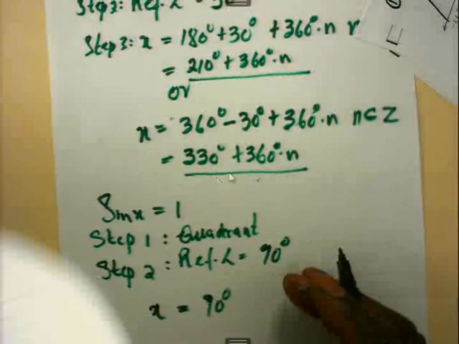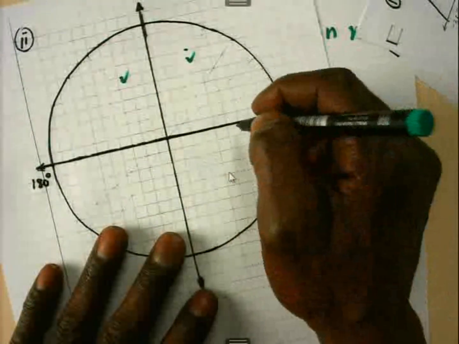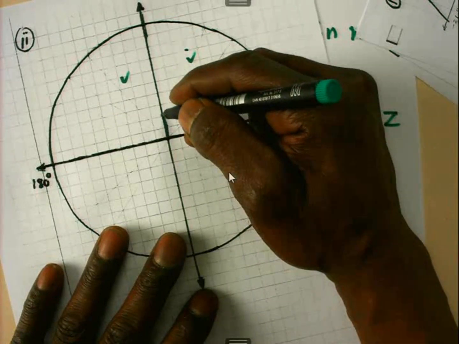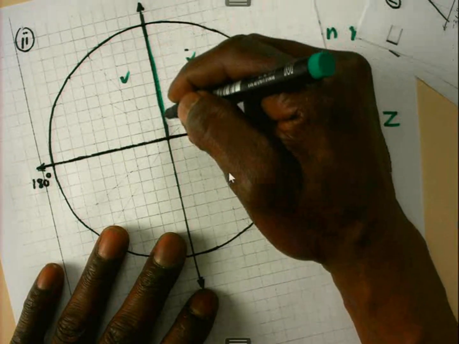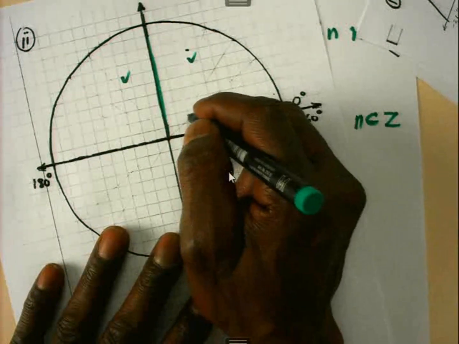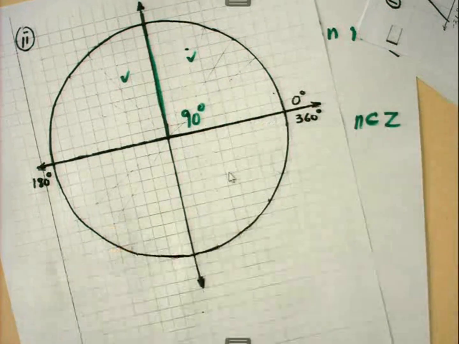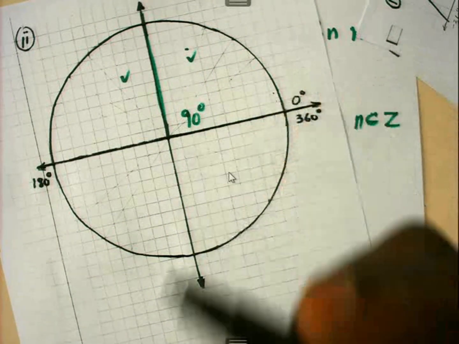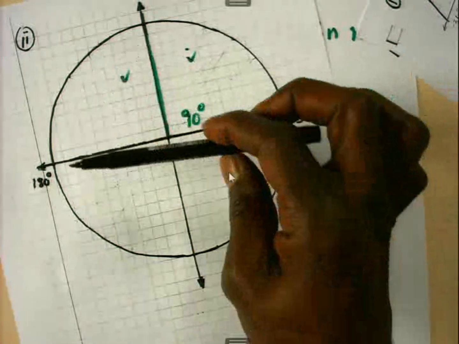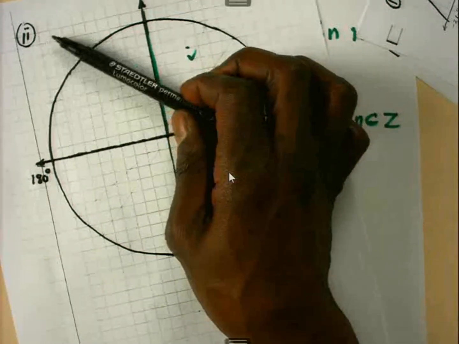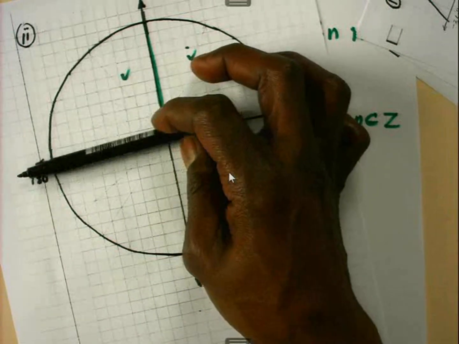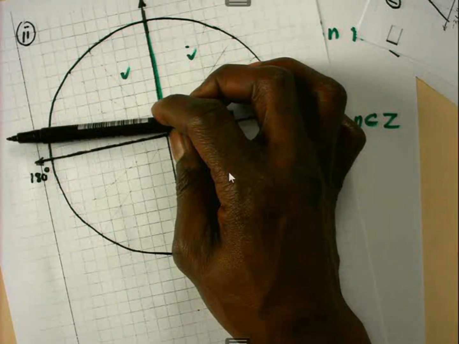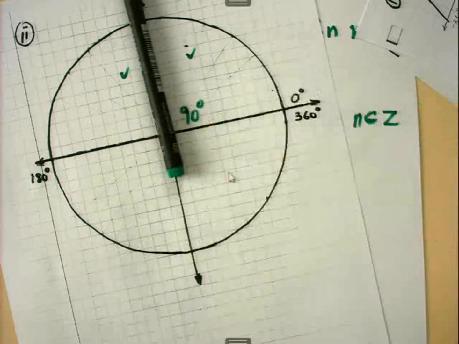So let's demonstrate that. We are in the first and the second quadrant, but now the reference angle is here, from here to there, which is 90 degrees. And that is the same as saying we are having the ratio as positive in the second quadrant. When we put our reference angle in the second quadrant, it will be the same line, this line.